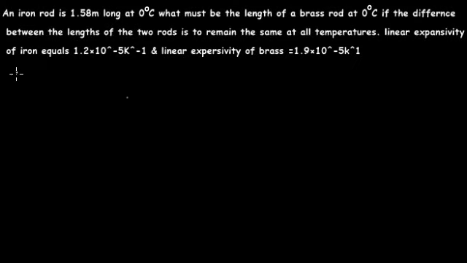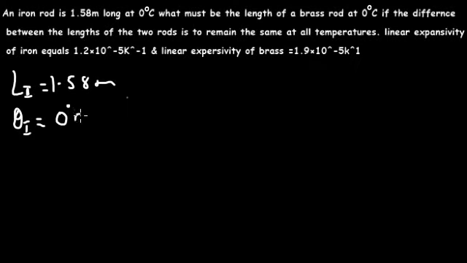So let's write out what is given. We are given the length of the iron at 0 degrees Celsius, that's at rest. So L1, I'm going to write it as Li, that is equal to 1.58 meter, and theta i is indeed equal to 0 degrees Celsius.